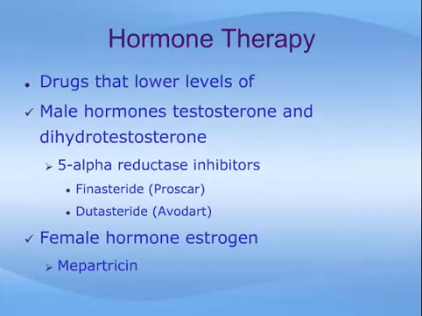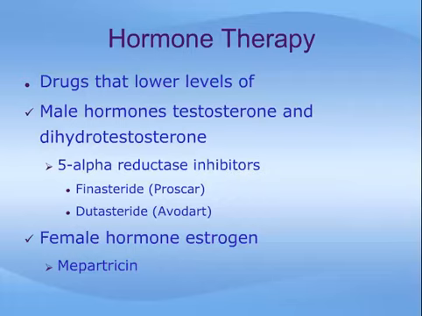Hormone therapy is the use of medication or surgery to lower levels of specific types of hormones in the body. A class of drugs called 5-alpha reductase inhibitors, which includes the agents finasteride, marketed as Proscar, and dutasteride, or Avodart, work to lower the levels of the male hormone dihydrotestosterone.